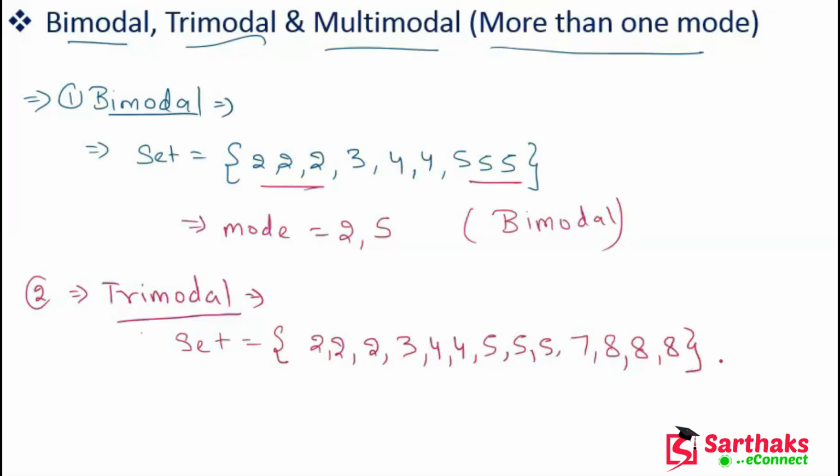If you observe this, 2 appears 3 times, 5 also 3 times, and 8 is also repeated 3 times. So the modes are 2, 5 and 8, and we can say it is a trimodal set. I hope you understand these things.